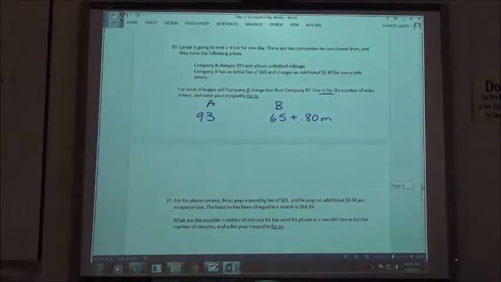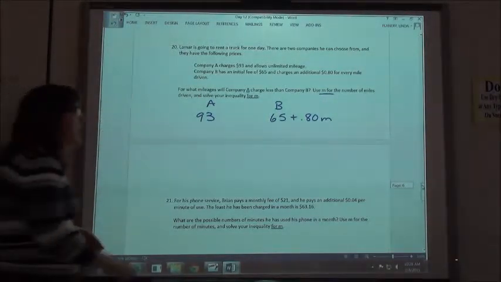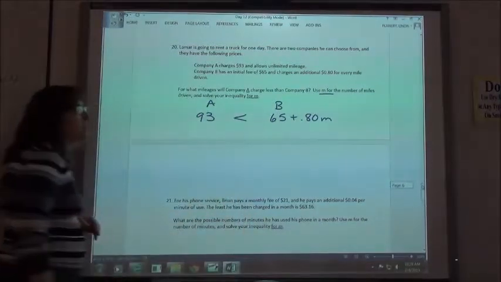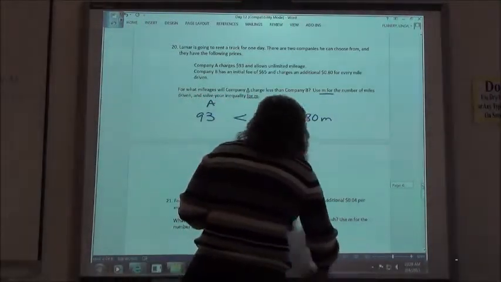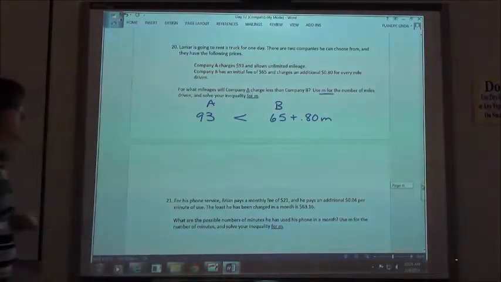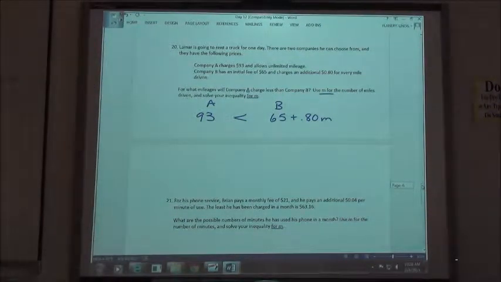We want A to charge less than B, so we want the 93 to be less than the 65 plus 80 cents M. I didn't leave myself much room for writing.